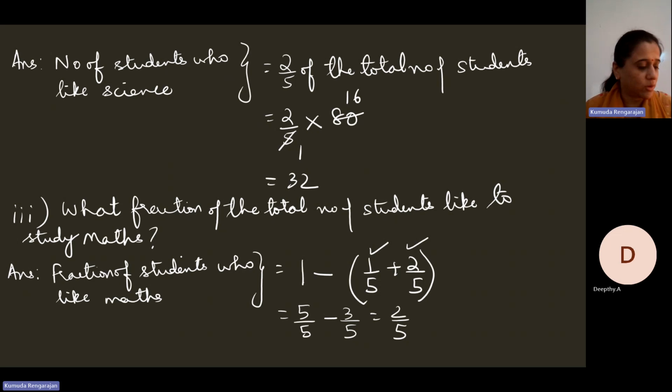We'll find it in another way also. One minus, the total is 1 minus the fraction for English and science. The total is 1 minus the fraction for English and science.